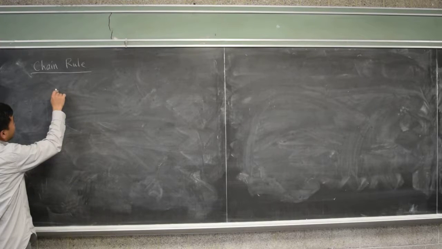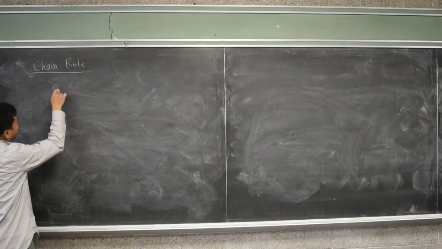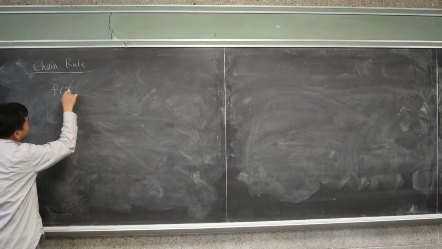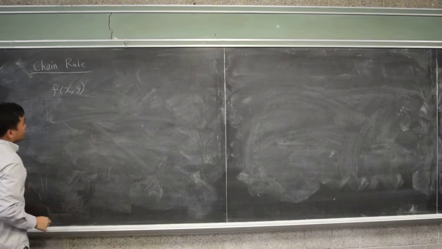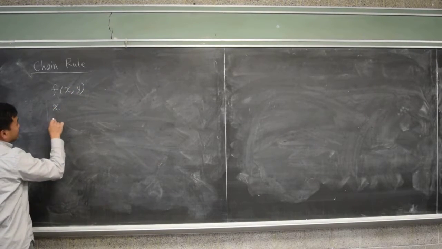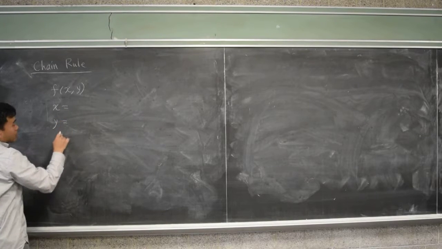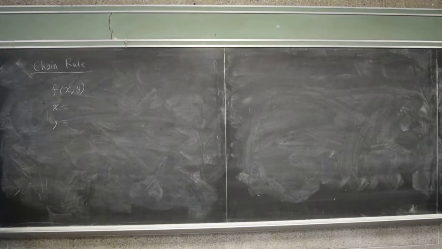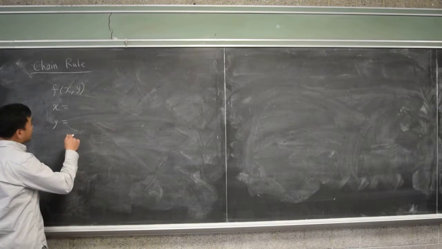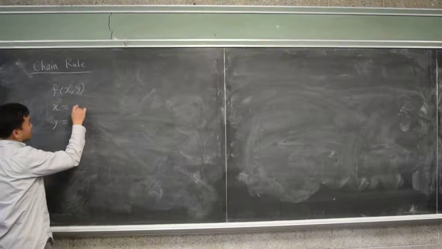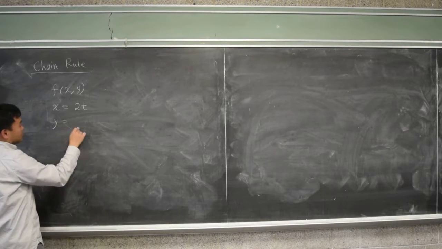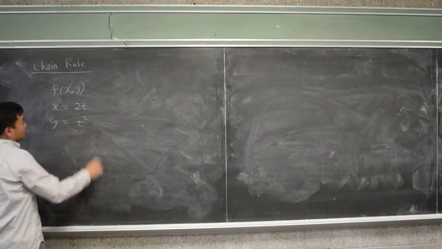Now you can think about a function f depending on x and y, and then x and y both depending on some other variables. For example, x being 2t, whereas y is t squared.